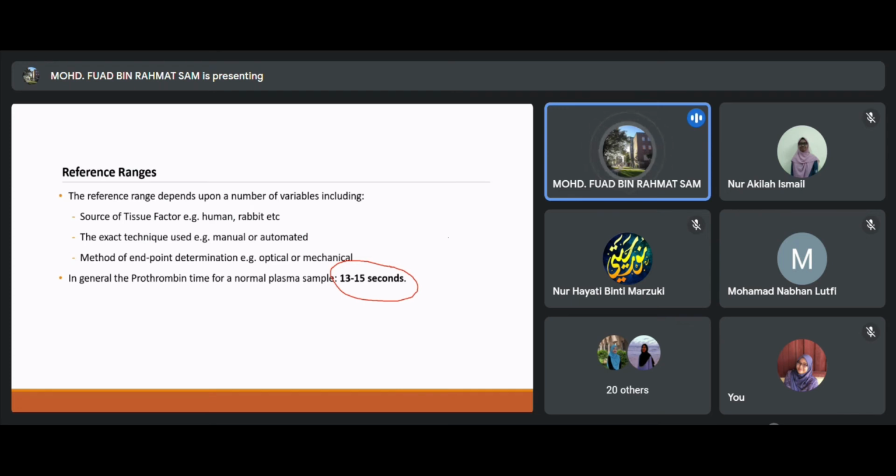Tak ada certain lab dia punya prothrombin time dia 5 ke 10 minit. Maksud tu itu salah dah untuk normal. Usually dia akan less than 1 minute. In fact, less than 20 seconds. So in general, the prothrombin time is 13 to 15 seconds. Okay. So kalau dia lebih atau kurang, kita boleh interpret the results. The patient maybe ada certain penyakit. Okay.